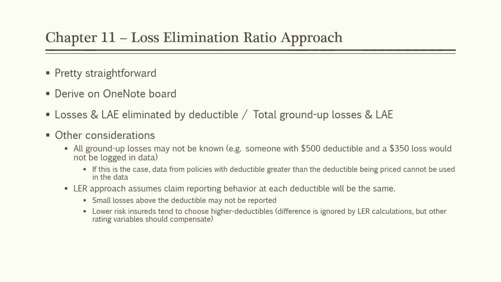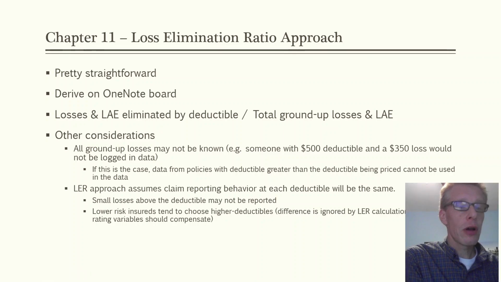Okay, so that sermon aside, let's talk about deductibles. What we have is called a loss elimination ratio, kind of like limited annual severity, but instead of limiting losses, you're eliminating them from the bottom. The cool thing about this is the loss elimination ratio looks a lot like your deductible.